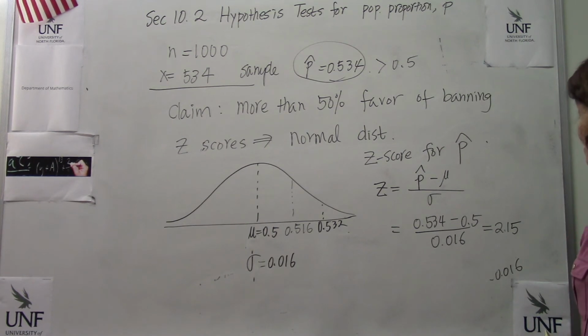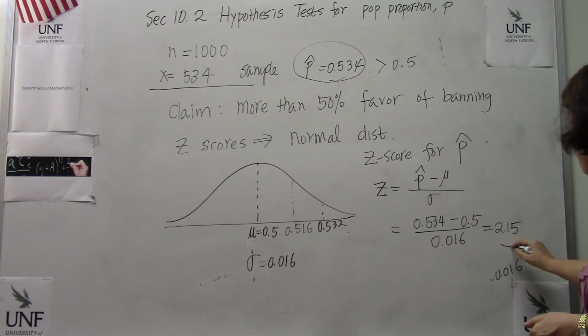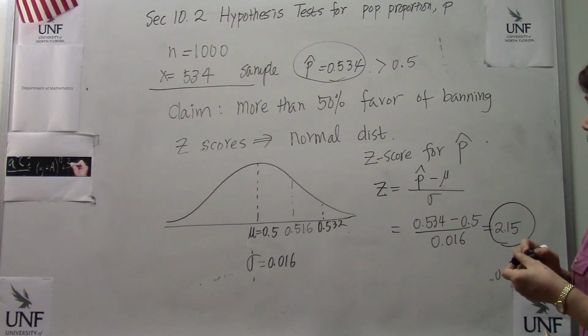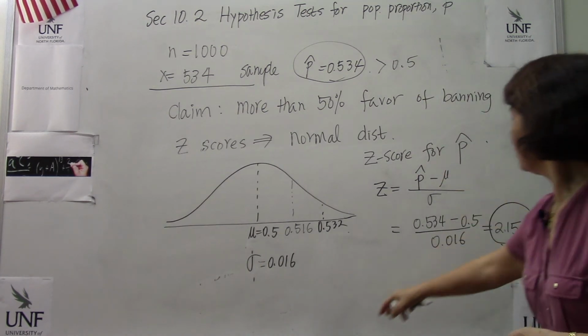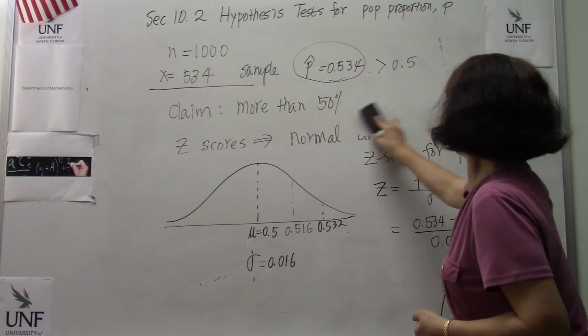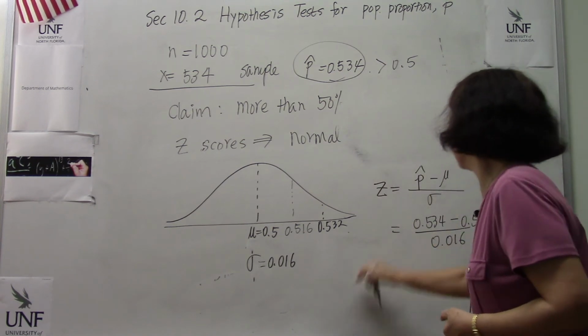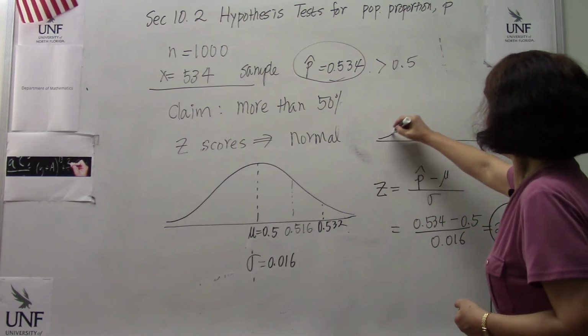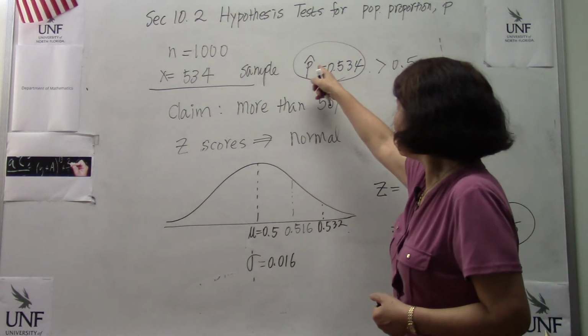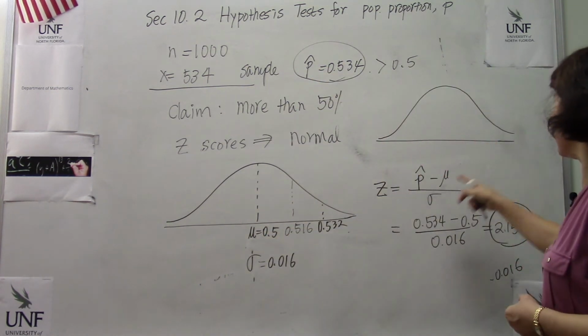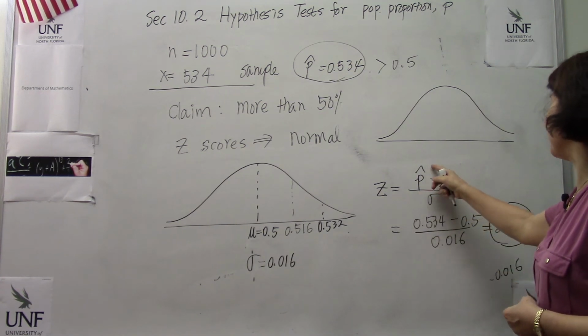2.15. Okay. Once you compute this z-score, you can see this is standardized, this sampling distribution.